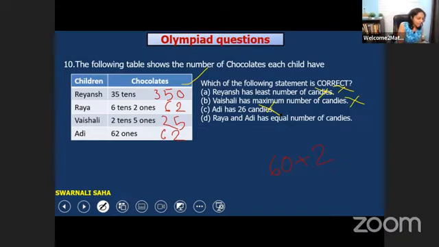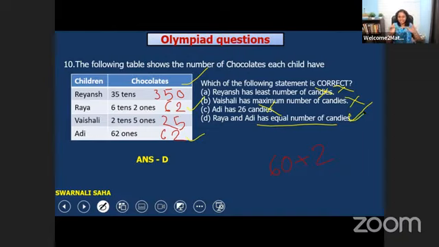Adi has 62 candies and Raya has 62 candies. So it is the right one. Option D is the correct one.